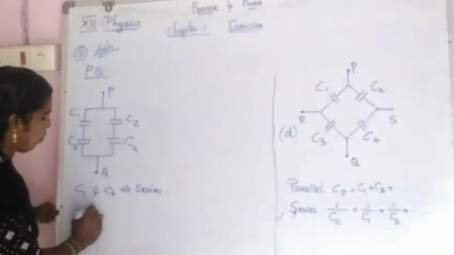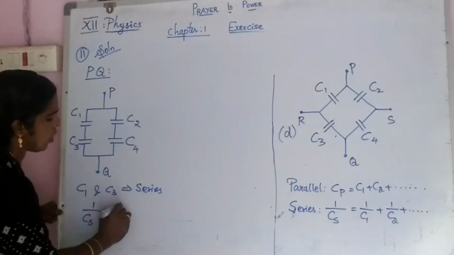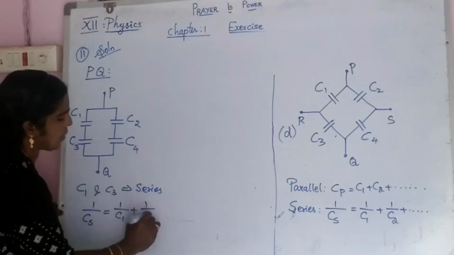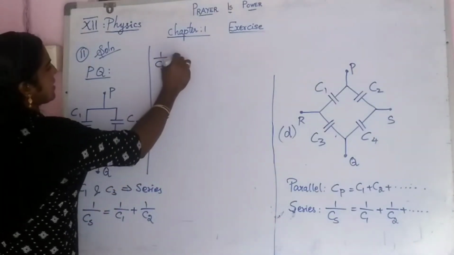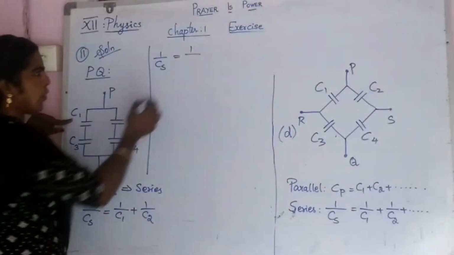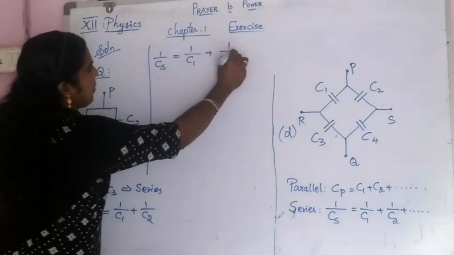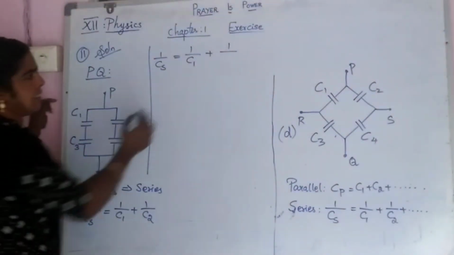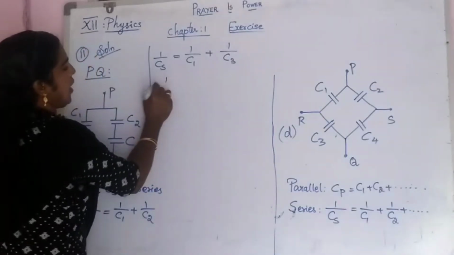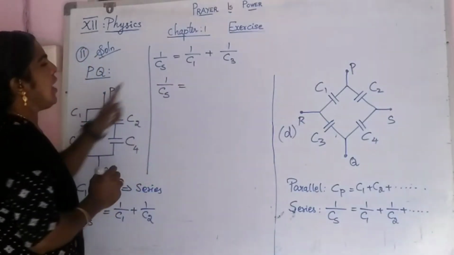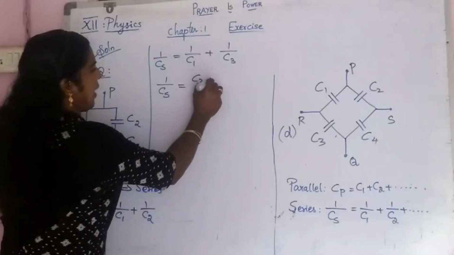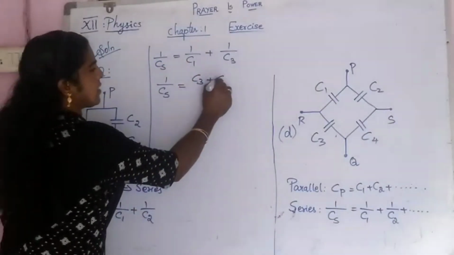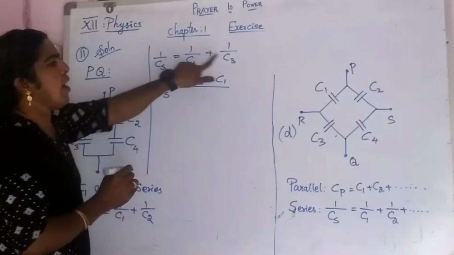Series formula: 1 by Cs is equal to 1 by C1 plus 1 by C2. Here the C1 value is C1 and the C2 value is C3. 1 by Cs is equal to, the denominators are different, so cross multiply: 1 into C3 plus 1 into C1, divided by C1 C3.